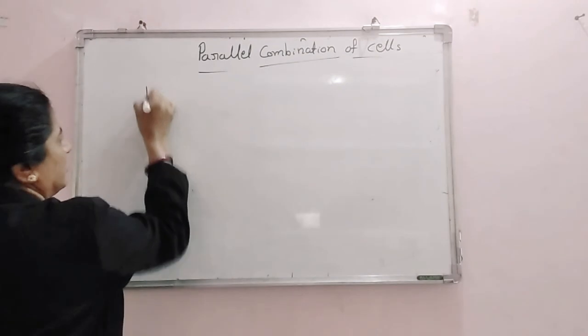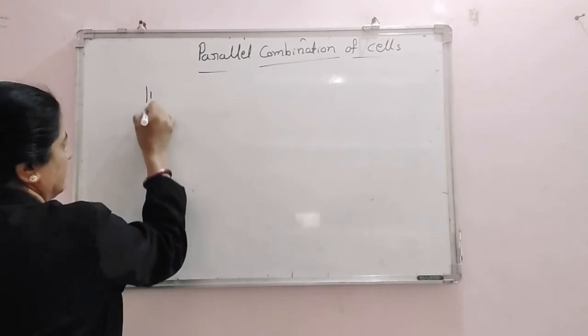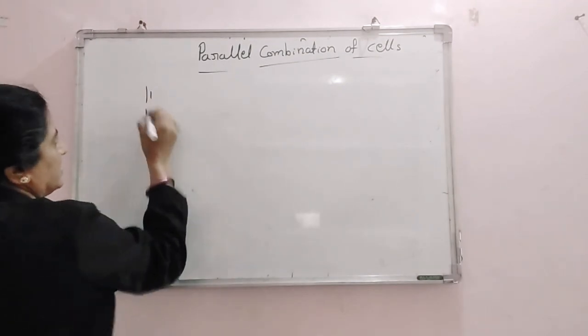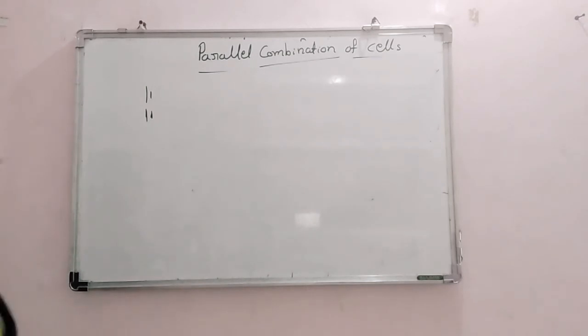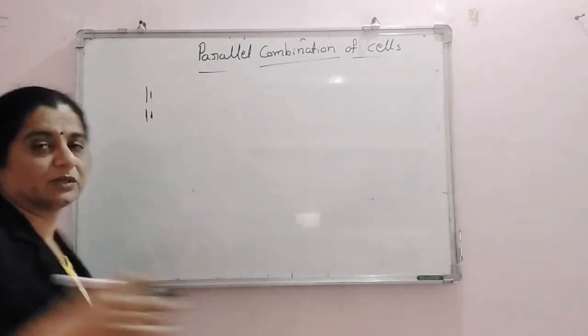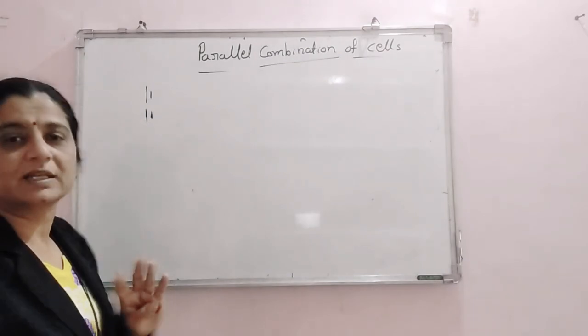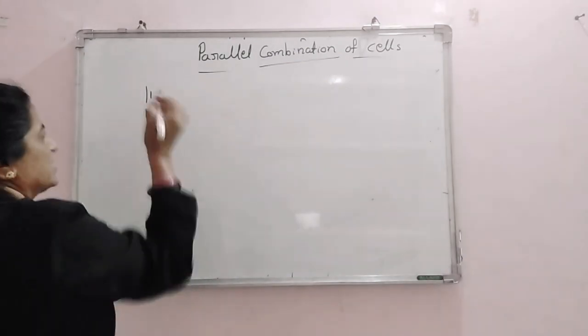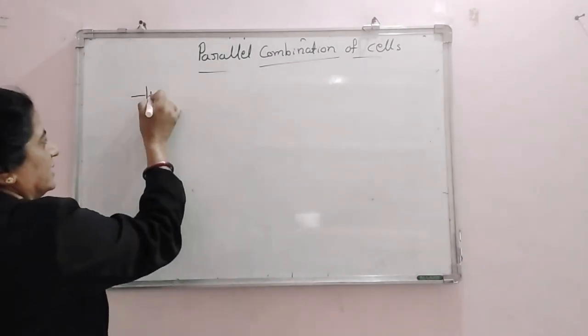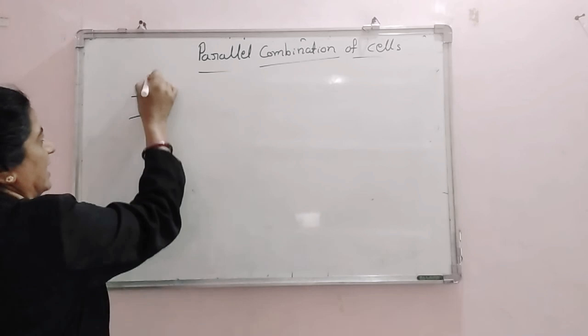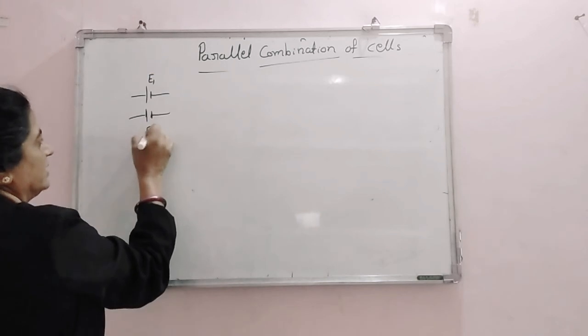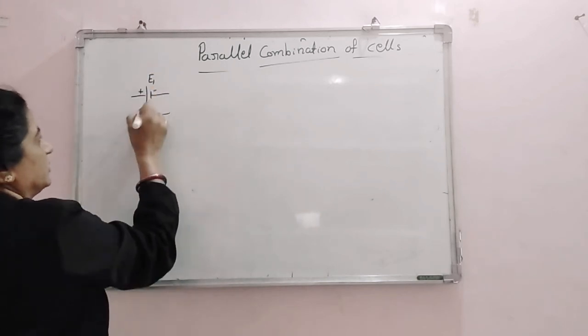Parallel means a number of cells are connected in such a way that the positive terminal of each cell is commonly taken as one terminal and the negative terminal of each cell is commonly taken as another terminal. So let us consider two cells, E1 and E2, positive, negative, positive, negative.